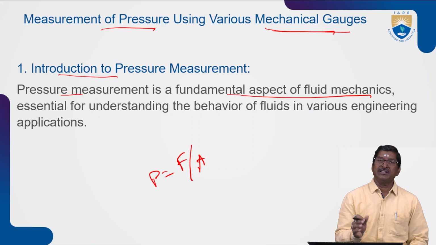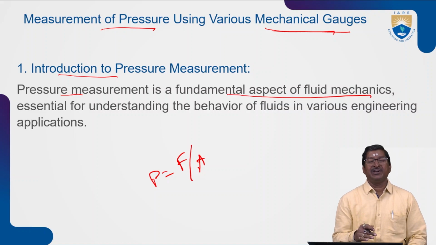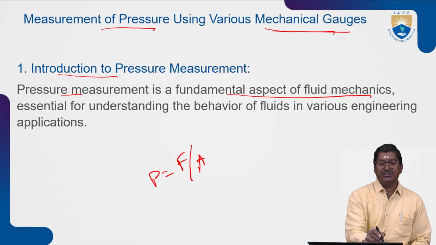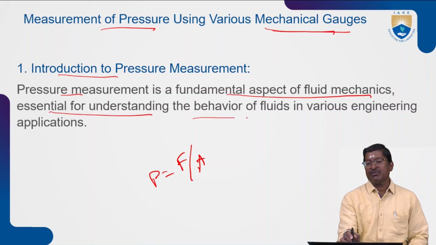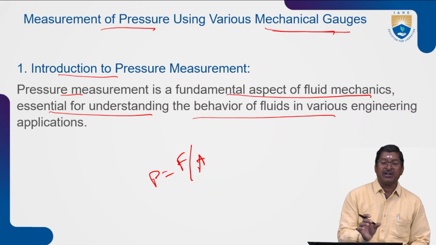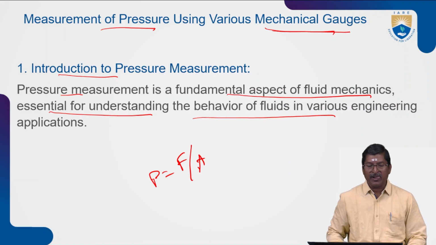Otherwise we cannot design, or even after execution the failure will take place if it exceeds the designed pressure. It is essential for understanding the behavior of fluids in various engineering applications. That's why we have to know the concept of pressure measurement.